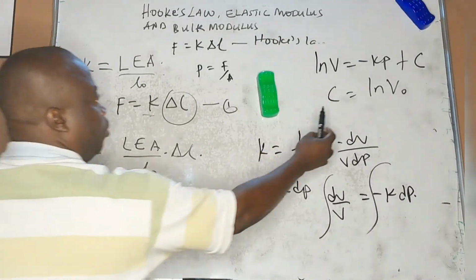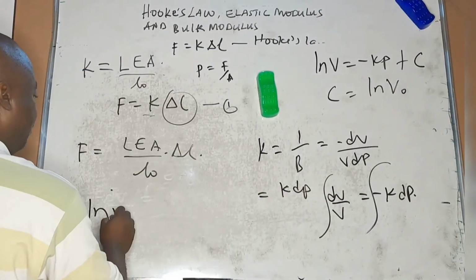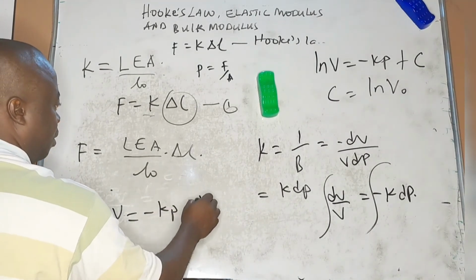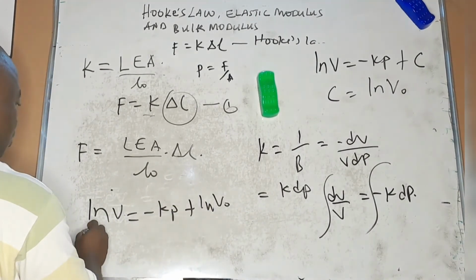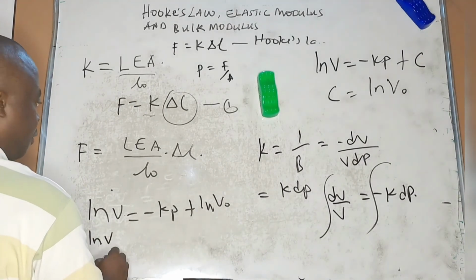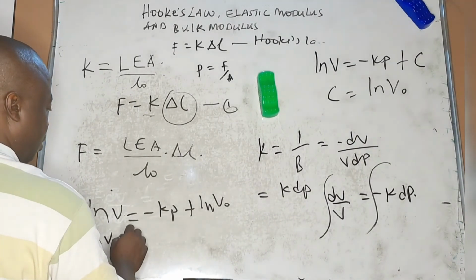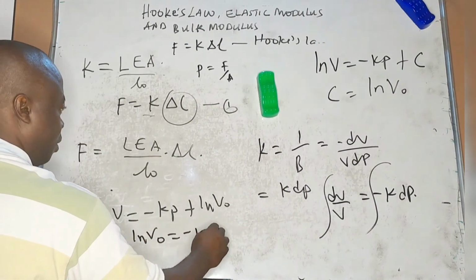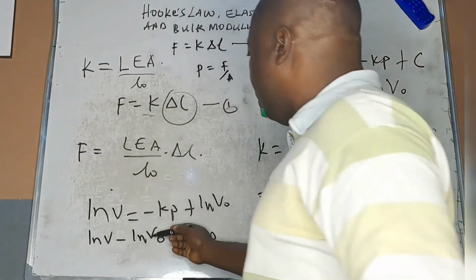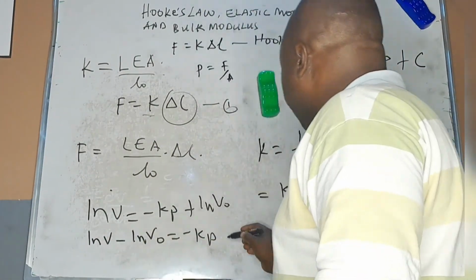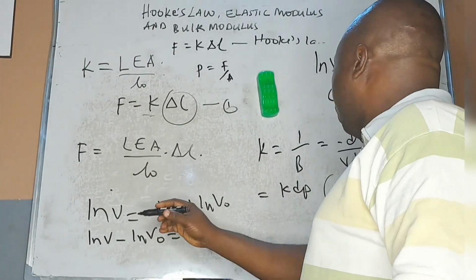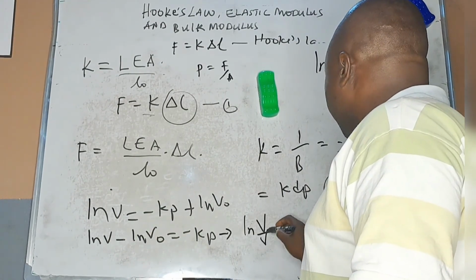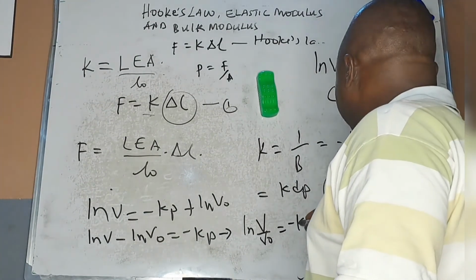I put back what C is in that equation. I have ln V equals minus Kp plus ln V naught. So I will have ln V minus ln V naught equals minus Kp. Since their logs are subtracting, they are divided. I have ln of V over V naught equals minus Kp.